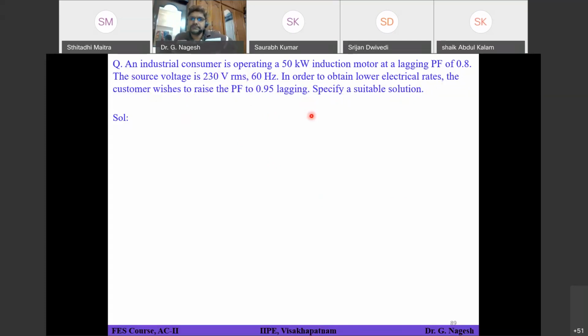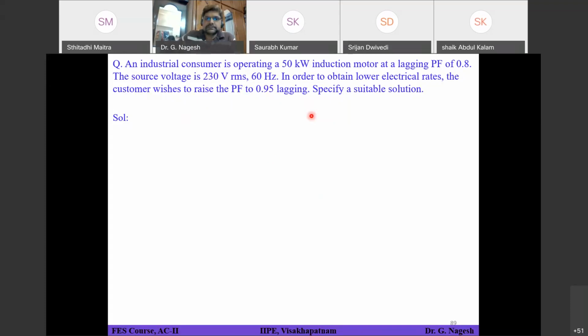Specify a suitable solution. So this is the question. The load has a power factor of 0.8 lagging, and he wants to improve the power factor to 0.95 lagging.